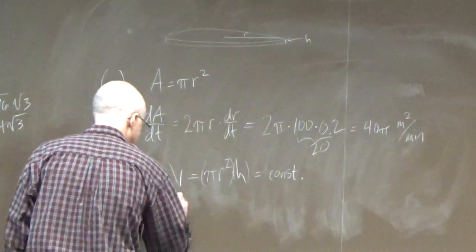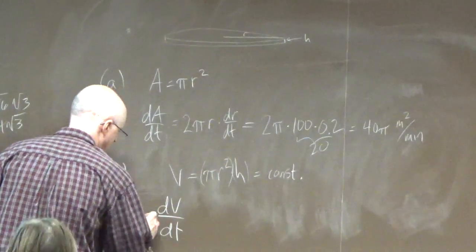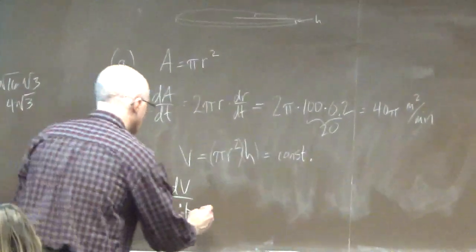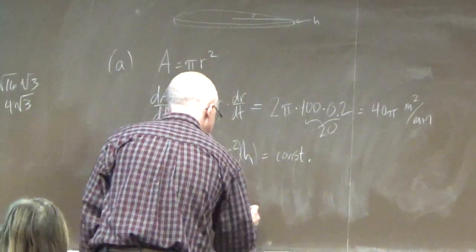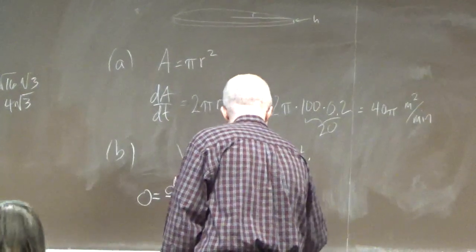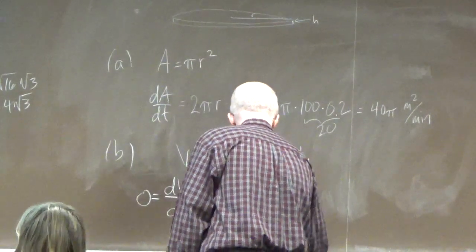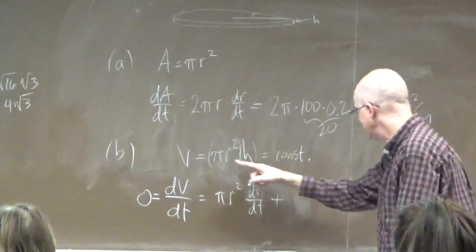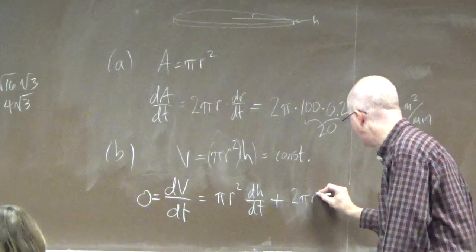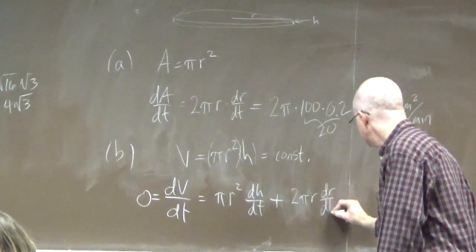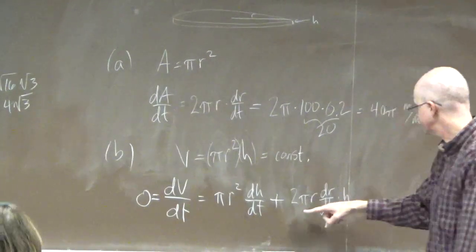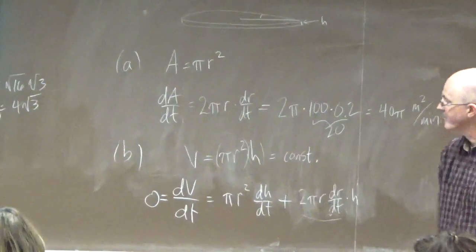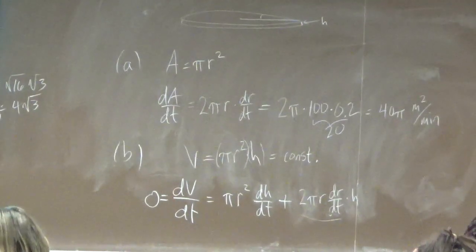Left d right, the derivative of h with respect to t is just dh/dt, plus right d left. d left is going to be 2 pi r dr/dt, and then times h. That equals 0. dV/dt will be 0, since V is constant.